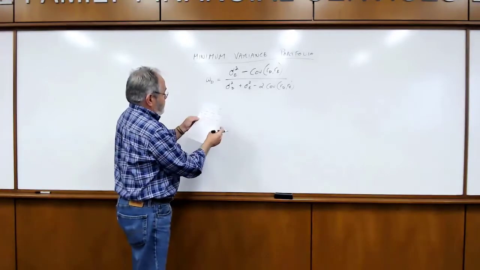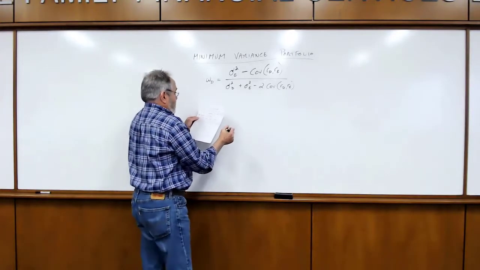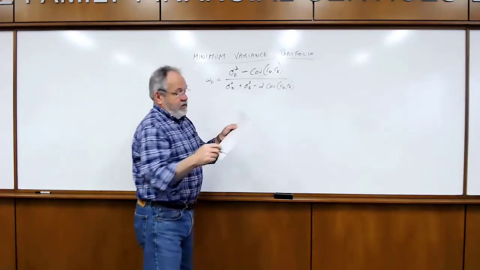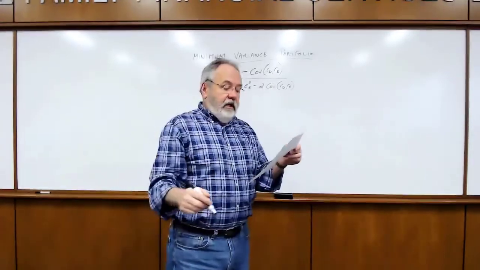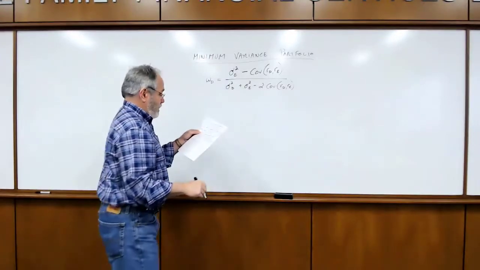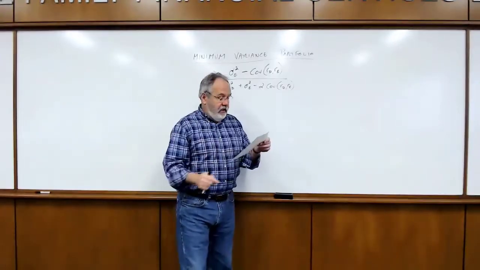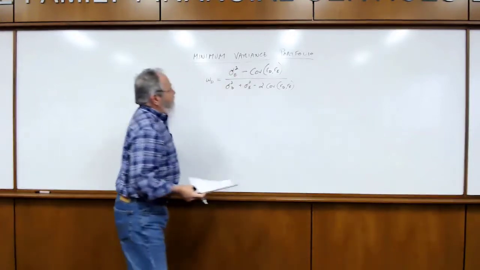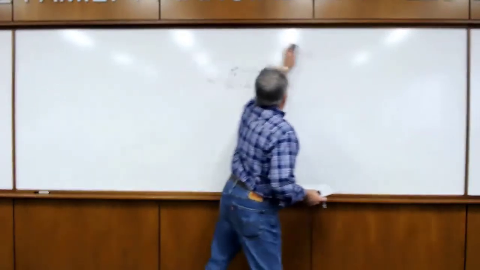This is the equation. If correlation were -1, the weight of debt is sigma equity over sigma debt plus sigma equity, which is in your textbook. Okay, so that's the formula for the minimum variance.